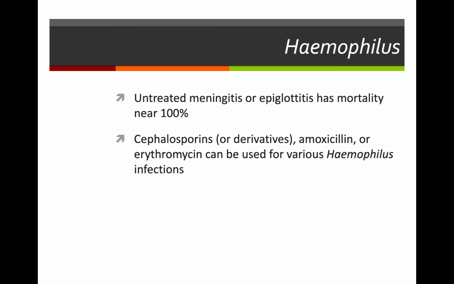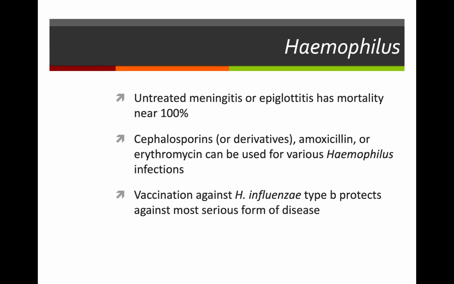We don't see a ton of antibiotic resistance, so cephalosporins, amoxicillin, erythromycin are useful in clearing Haemophilus infection. We do have a vaccine available against Haemophilus influenzae type B. On a vaccine list, you'll see it as HIB. That is going to be the Haemophilus influenzae type B vaccination, and that will protect your patients against the most serious forms of the disease.